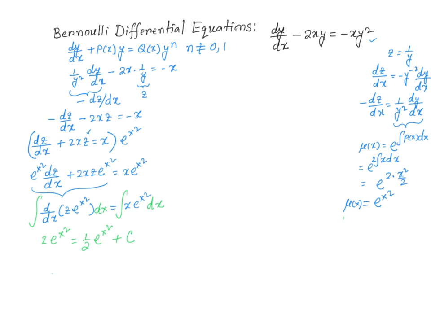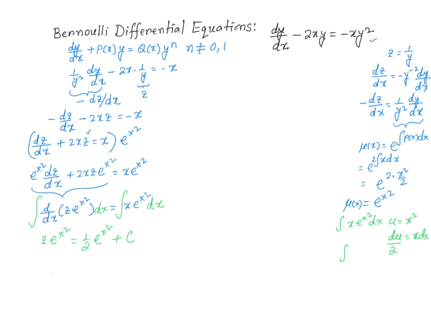Now integral x e to the power x squared is very easy to integrate. You just do a u substitution. u is equal to x squared, so it's going to give me du is equal to 2x dx, but if I divide both sides by 2, I get du over 2 is equal to x dx.